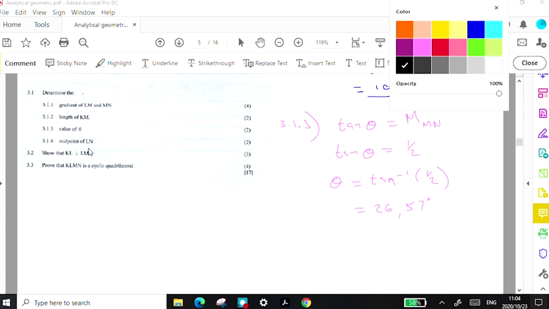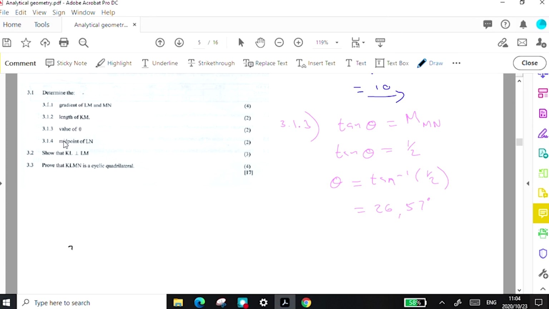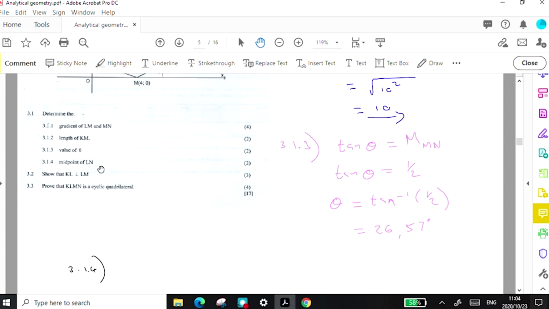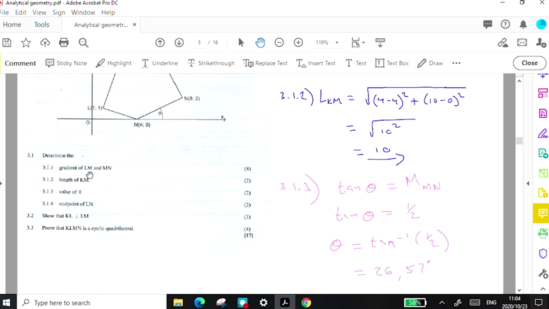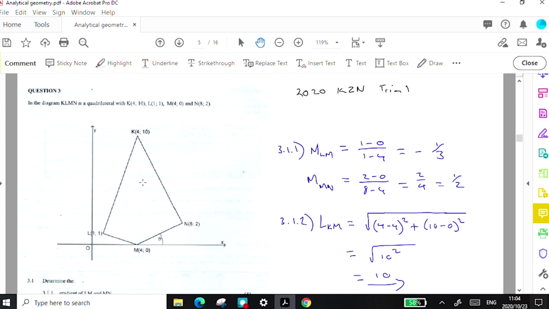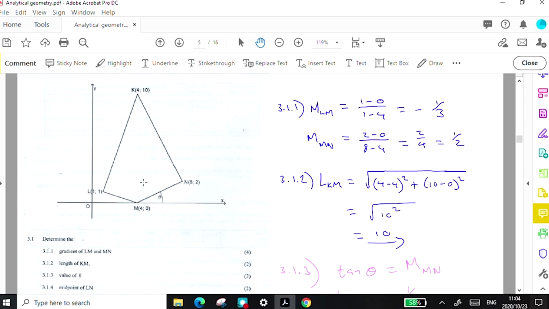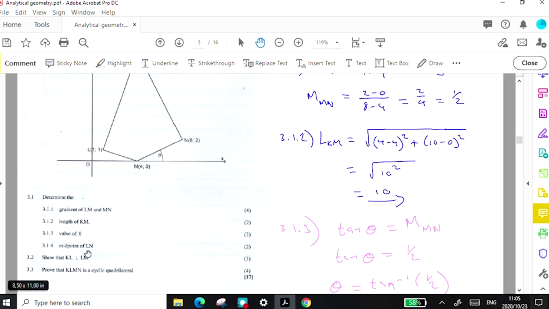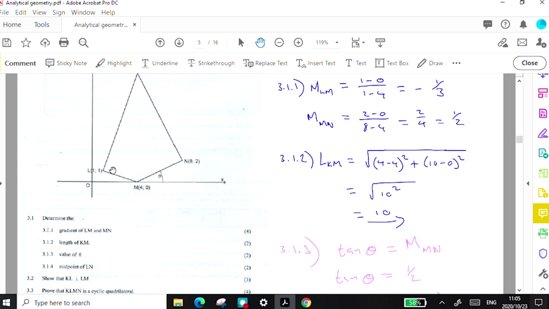And for number 3.1.4, we're looking for the midpoint of LN, so we just need to use the midpoint theorem.